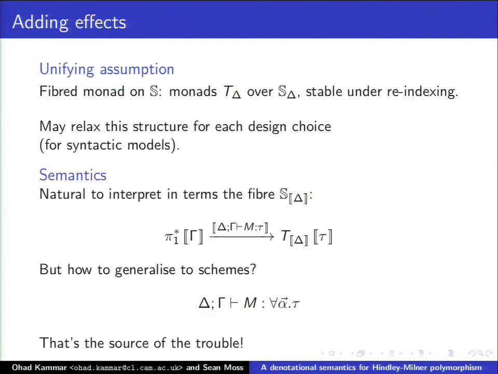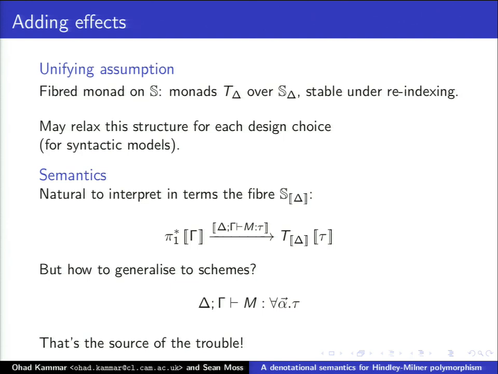Okay, so now the reason we're here is to look at effects. I'm going to make a uniform assumption, which is a bit stronger than what you need, but it will help me to relate the three different design choices that I identified. We're going to need something like a monad, because that's something like an effect, and we're going to have a monad on a fiber of schemes, and it needs to be stable under indexing.